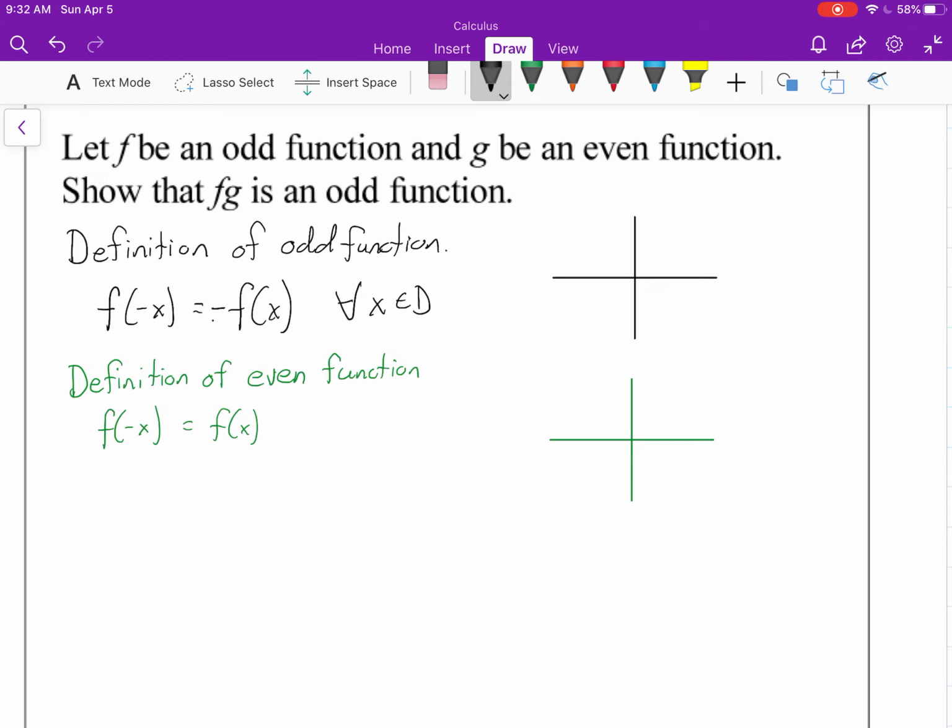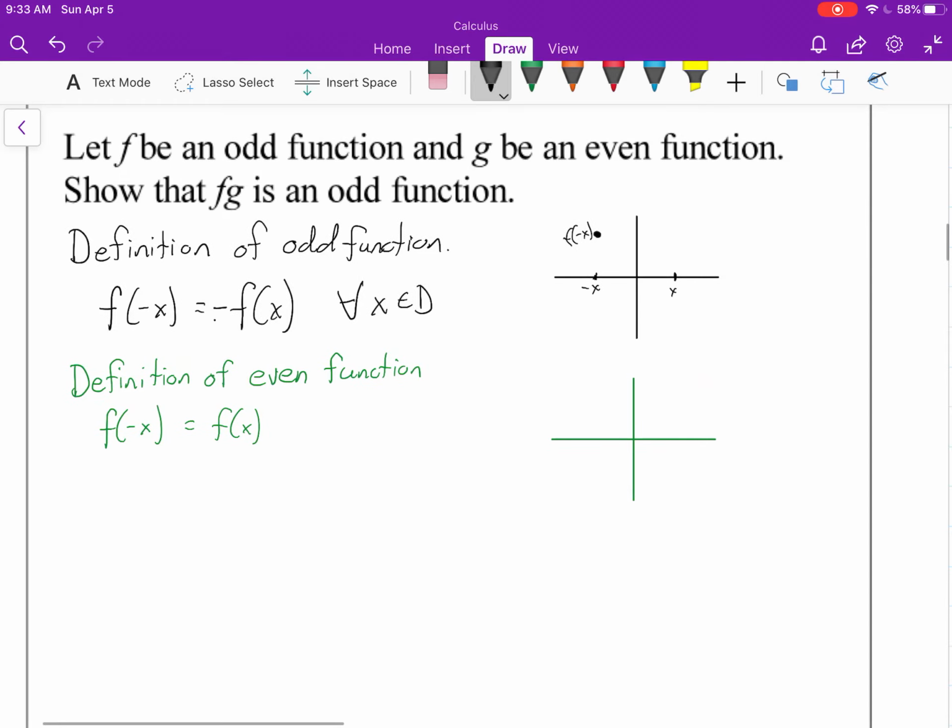What that's saying is if I choose negative x here, I'm going to get a y value for that, an f of negative x value somewhere. So let's say it's right there. That's going to be the same as if I put x in, I would get the opposite of f of x, or it's going to be down here, negative f of x.